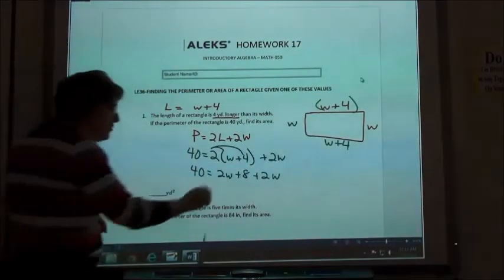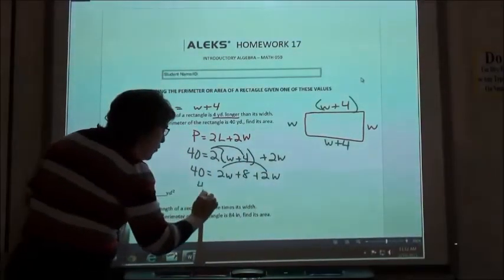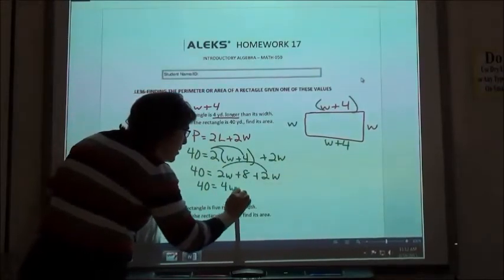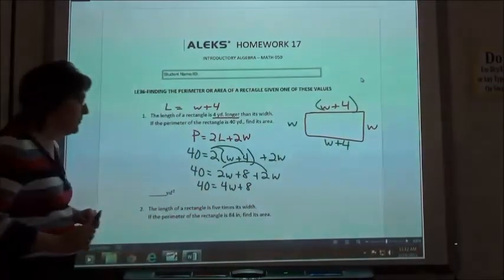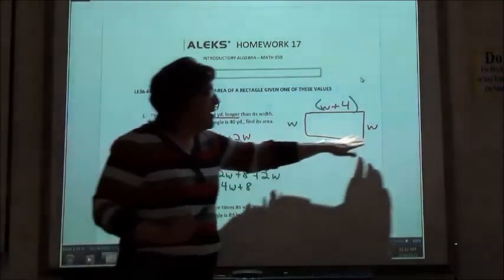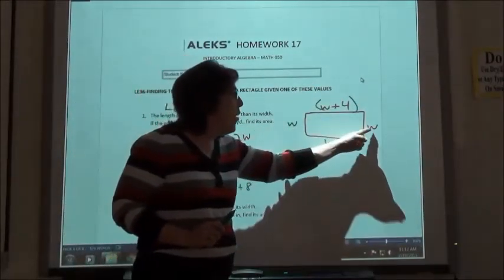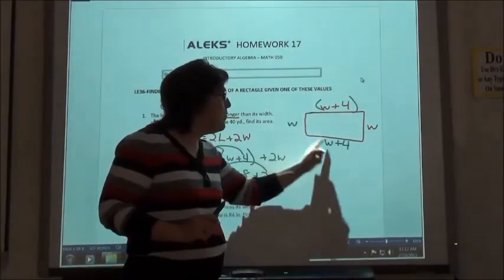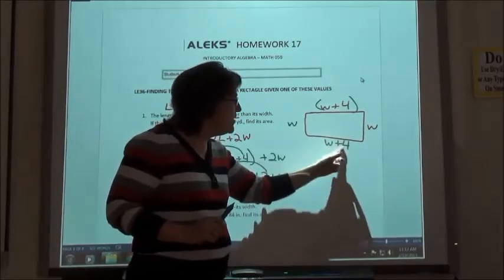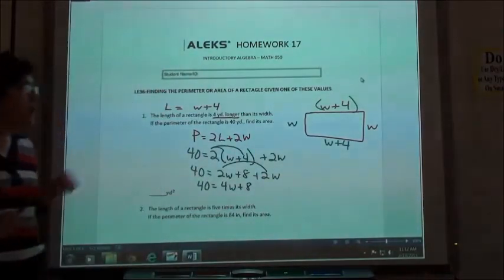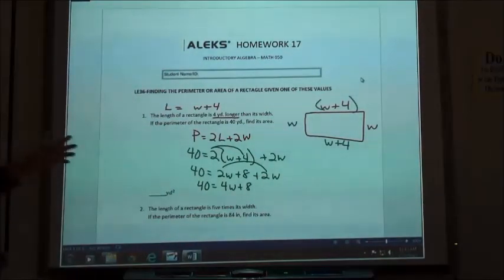Combining our like terms, 40 is going to equal 4W plus 8. If I looked at this rectangle here and I added up all the sides like we did on the previous page, I have 1W, 2W, 3W, 4W, and then I have 4 plus 4, which is 8. My perimeter is 4W plus 8.